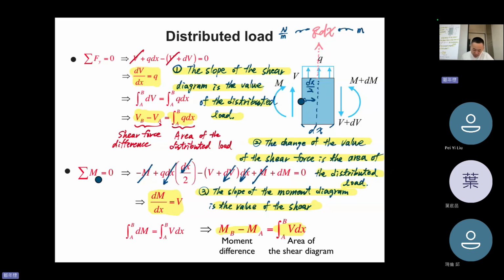Right. So the fourth conclusion: the change of the value of the moment is the area of the shear diagram.